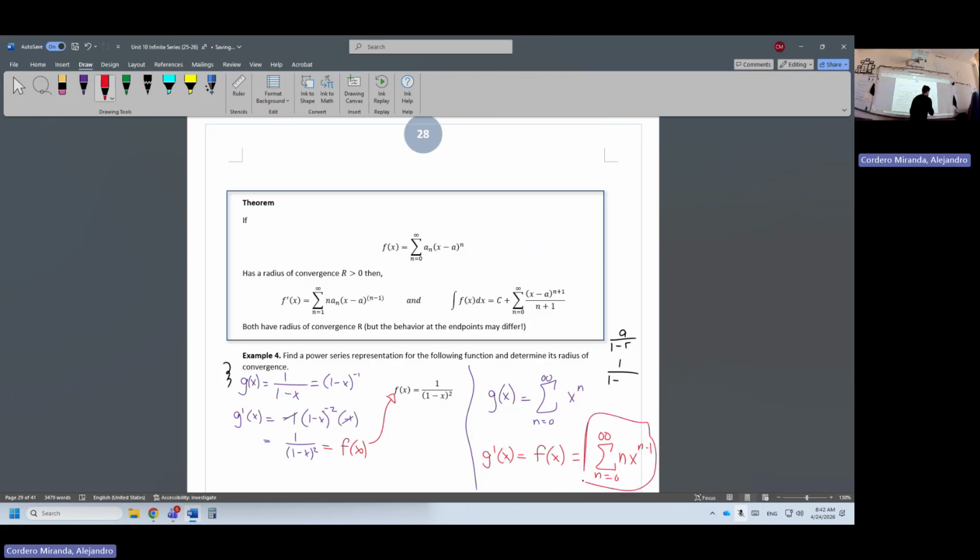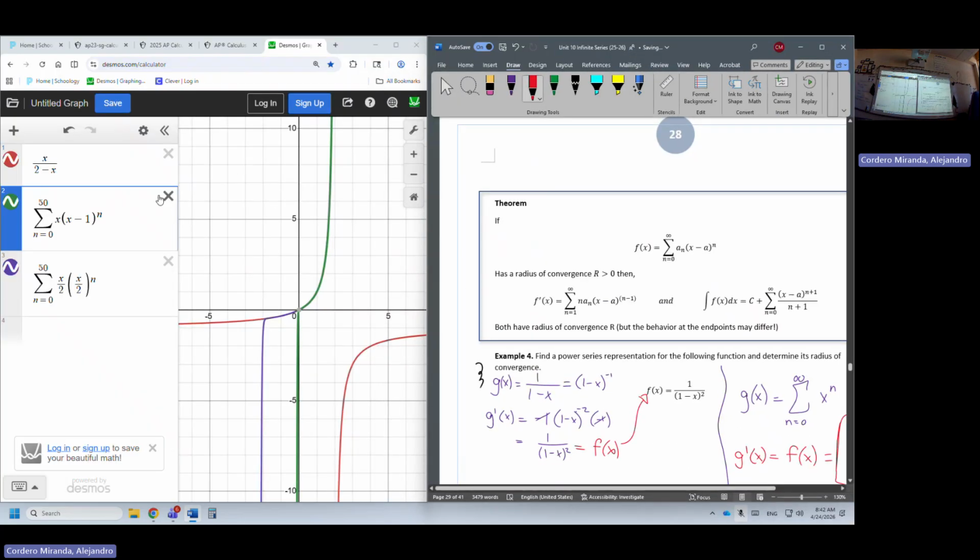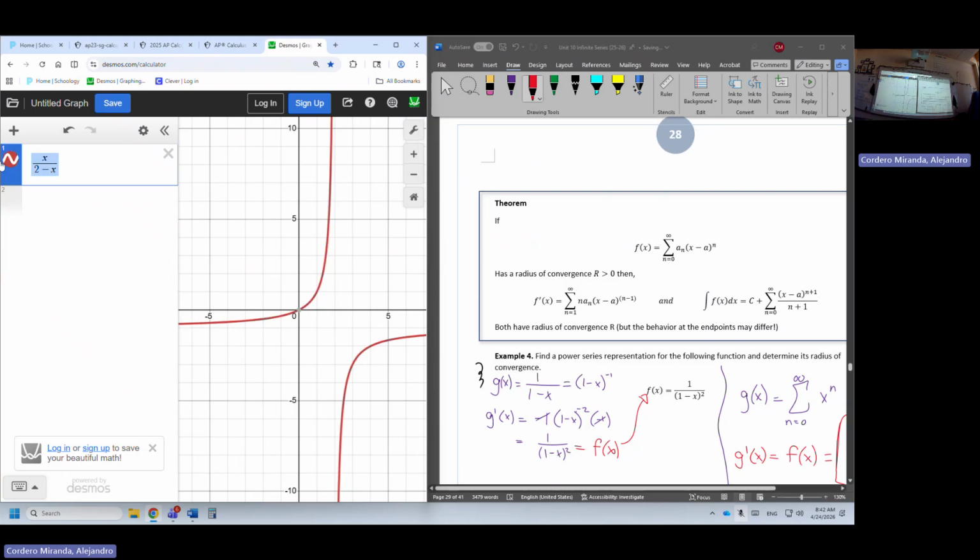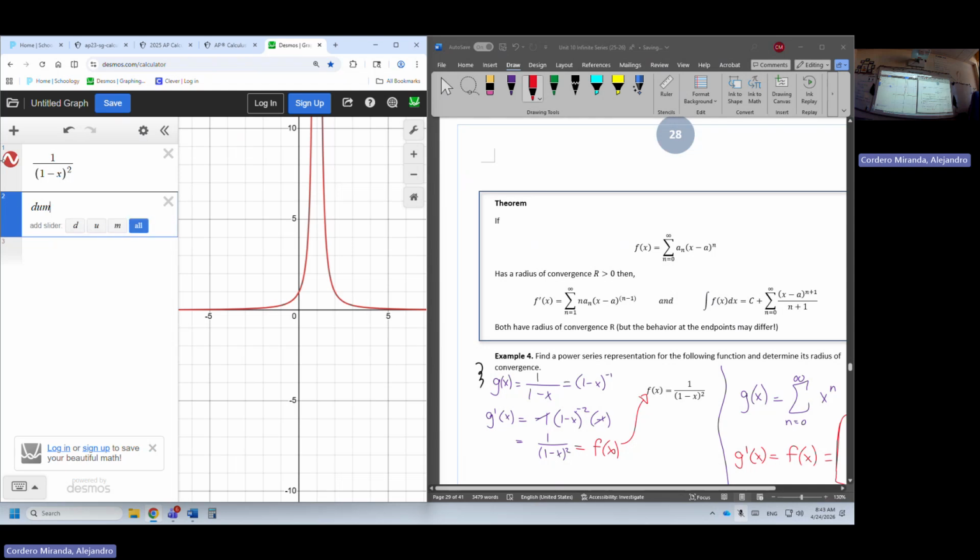Do we have time? Yeah, look, let me convince you. One over (1 minus x) squared, we said, should be the sum from n equals 1 to infinity of n x to the n minus 1.